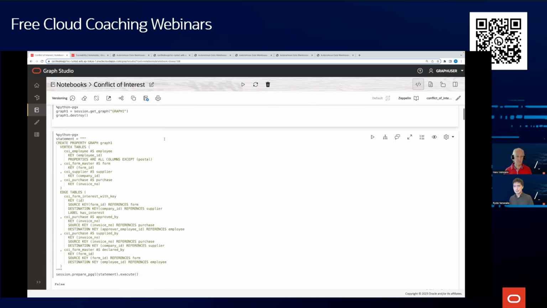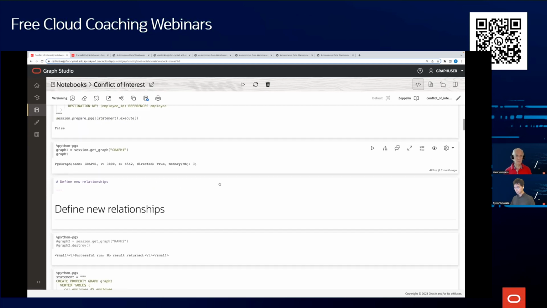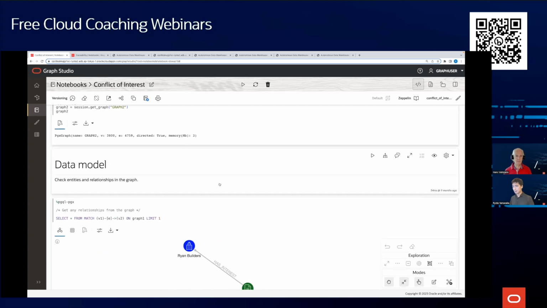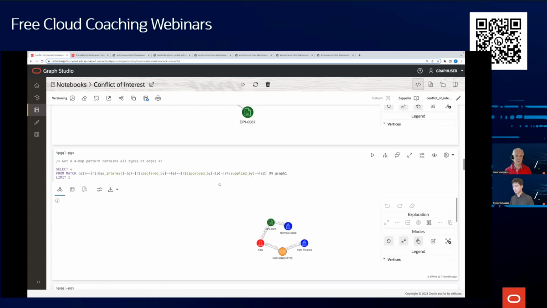So in this case, we need to have more types for vertices and edges: employee, declaration form, supplier, purchases, and the relationship between them. Then we can have those output.